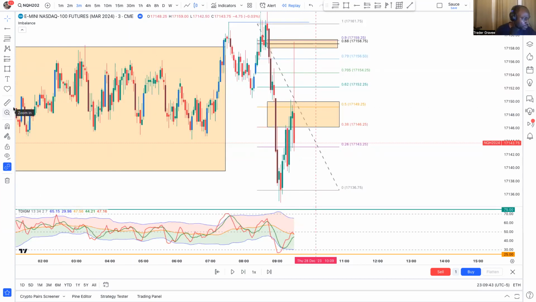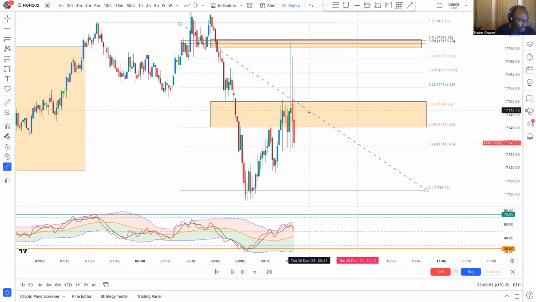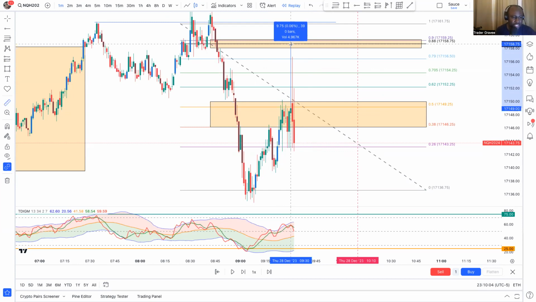Let's take our measuring tool. All right, from the opening. Let's go down to the 1 minute. All right, so here's 9:30. It opened, rallied just 9 pips on the NASDAQ.